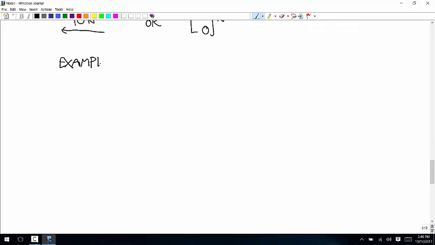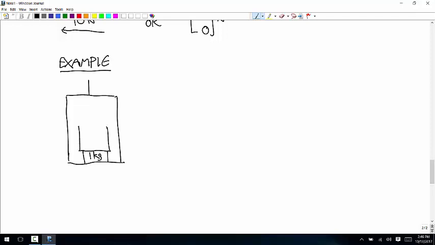Okay. Let's do one more. So let's say this one's in an elevator, and there's a 1 kilogram box with a 2 kilogram box sitting on top of it.